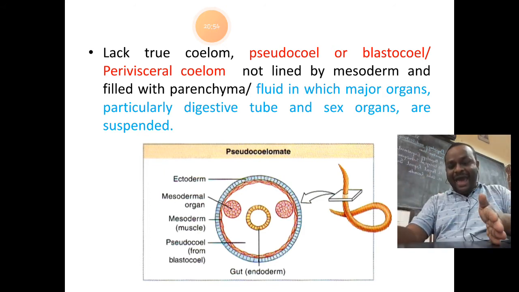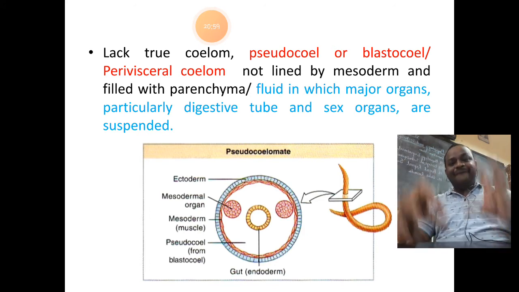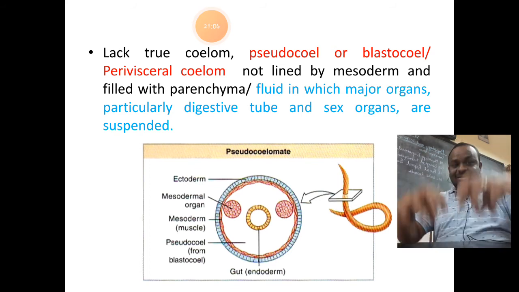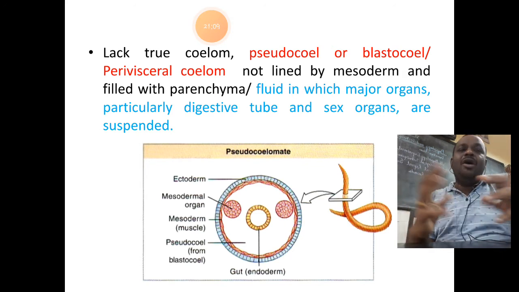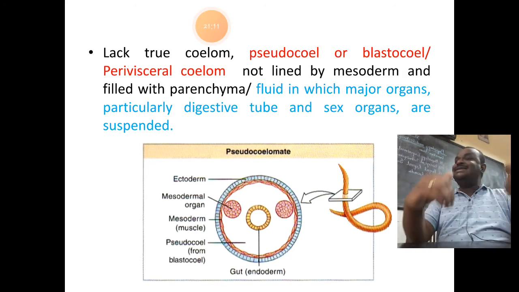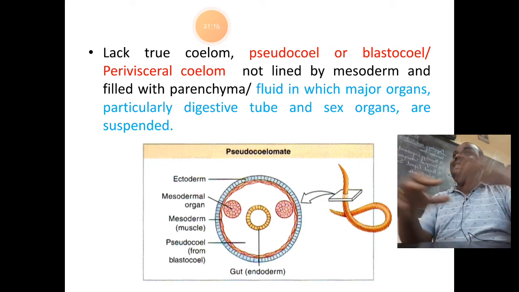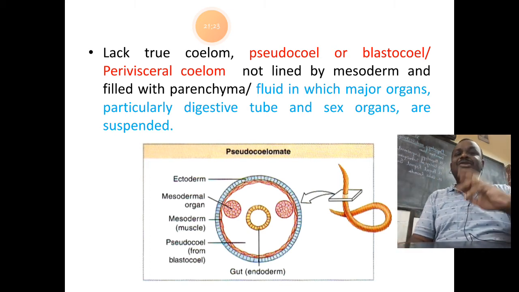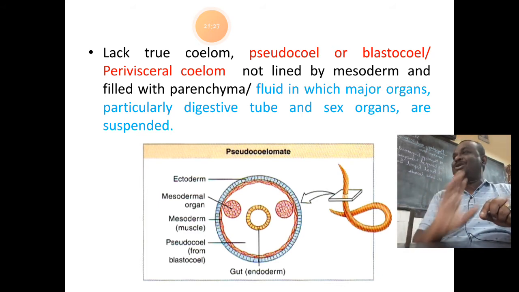So the cavity is not lined by the mesoderm, it is filled with fluid or parenchymatous tissue, and certain organs are present within it. When organs are present within the coelom, we call it a perivisceral coelom. This kind of coelom, which is not a true cavity but is filled with fluid matter or parenchymatous tissue, we call a pseudocoelom. A very special character related to nematodes.